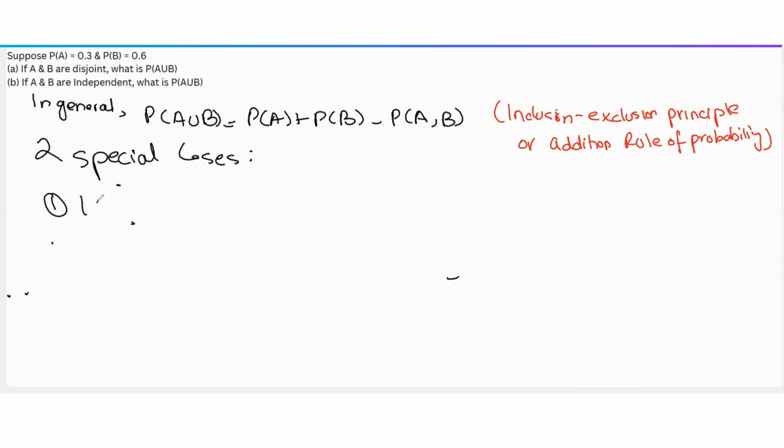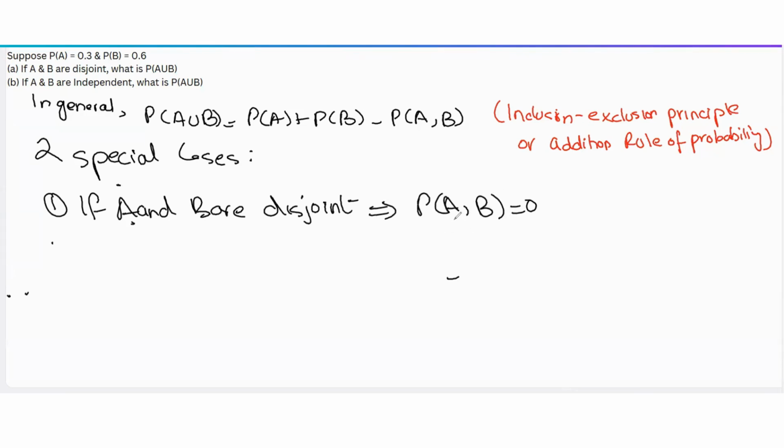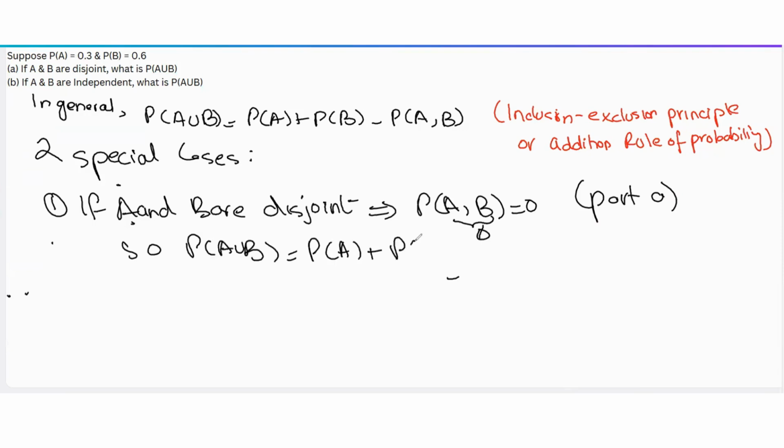One was if A and B are disjoint, which means the probability of A intersection B is just 0, because A intersection B in this case is the null set. This was part A. So the probability of A union B in this case is just the sum of the individual probabilities.